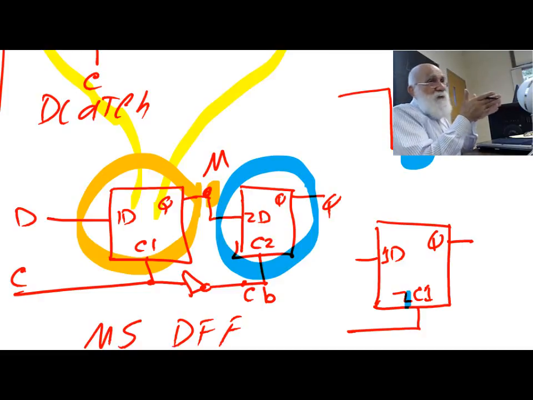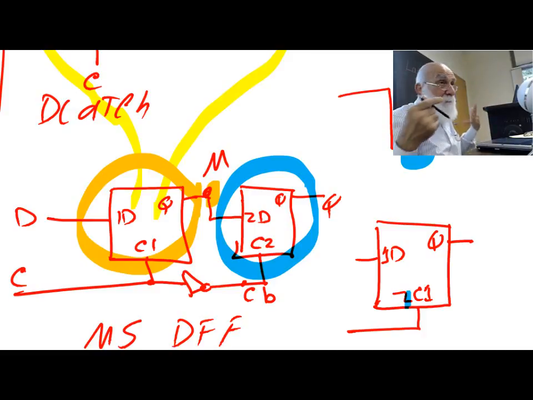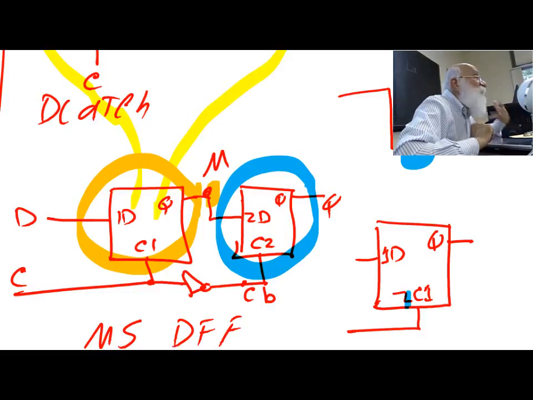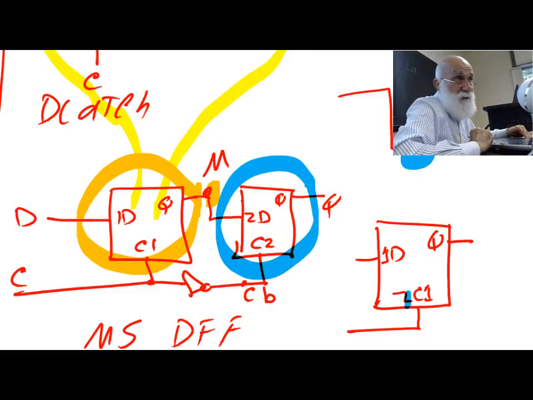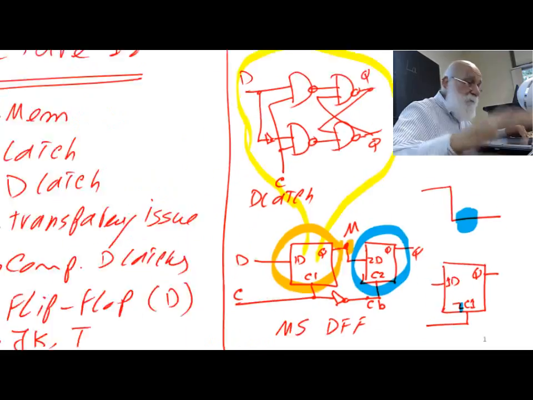That means I have to allow it some time. But then once that is there, when the clock goes the opposite, that means the clock becomes 0 now, then that again has to propagate through the blue, and therefore there is that delay there. Okay, these two delays add, and then this puts the minimum, some clock frequency maximum limitations, or the minimum for the clock period.